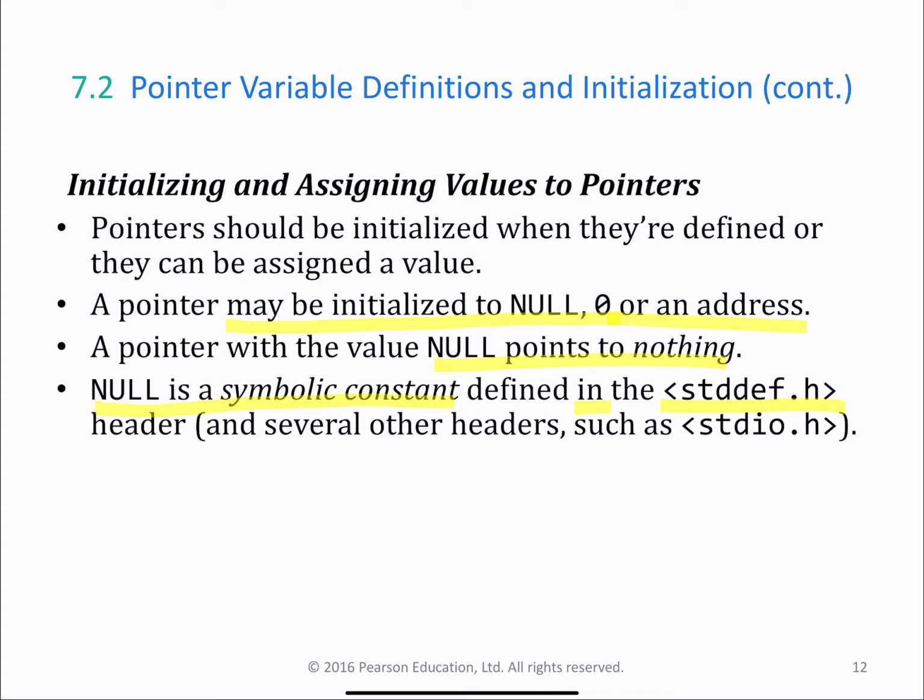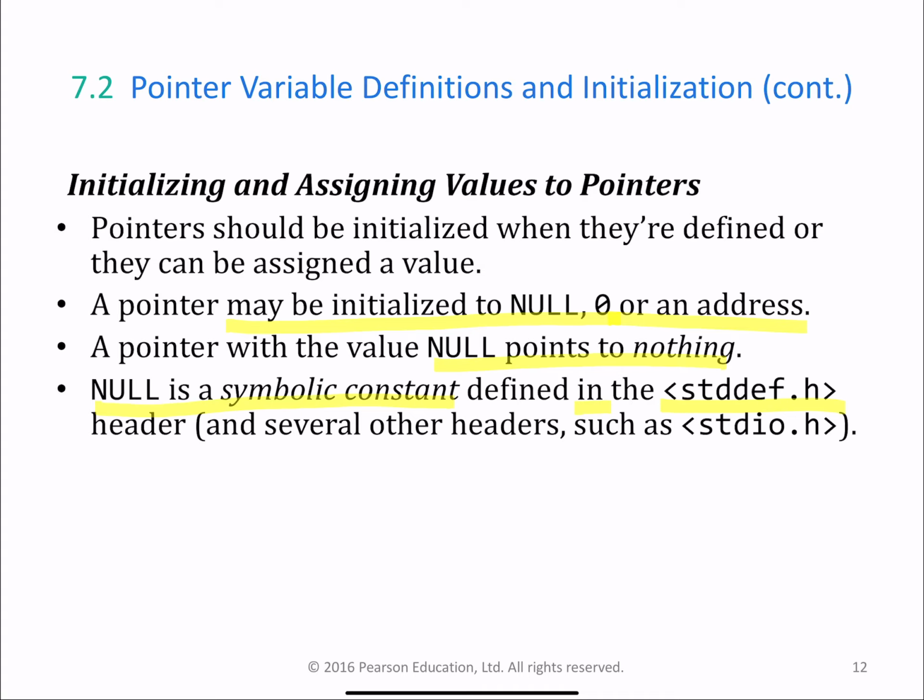Now, whenever you declare and define a pointer variable, you should initialize it. If you don't, you have no idea to what address it is starting out with, and that pointer could really be pointing to absolutely any place in memory.